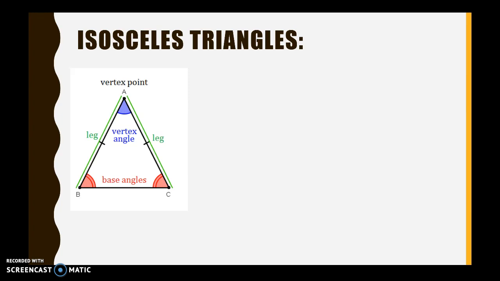Okay, so let's discuss isosceles triangles, which we did talk about with classifications. Okay, so this is in your notes. We know an isosceles triangle is defined by two congruent sides. Okay, notice all the vocabulary. The vertex is where the two congruent sides meet.